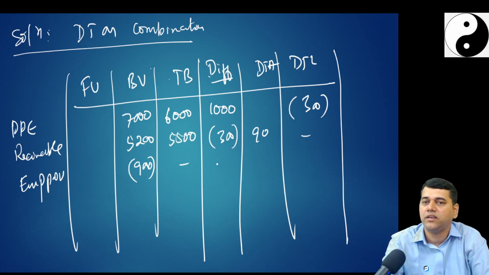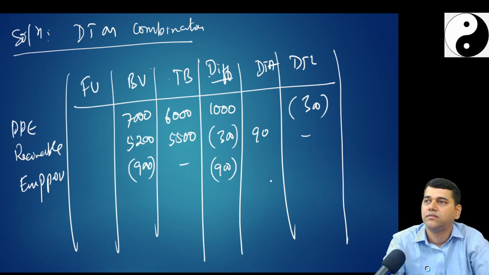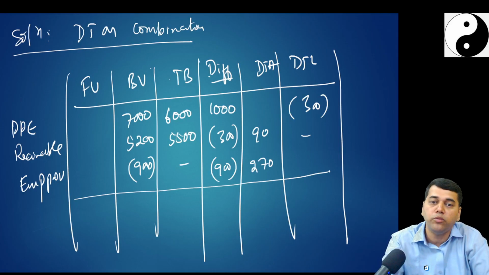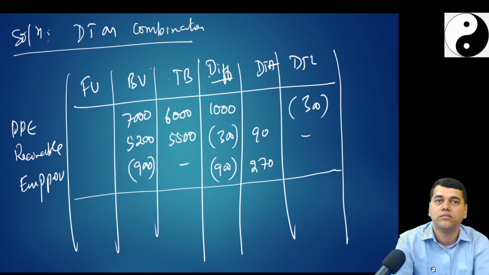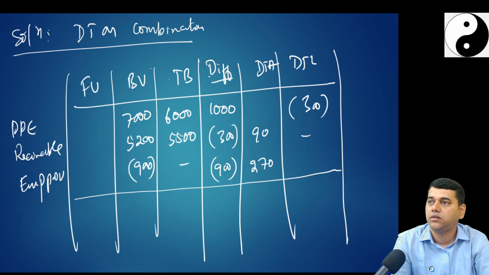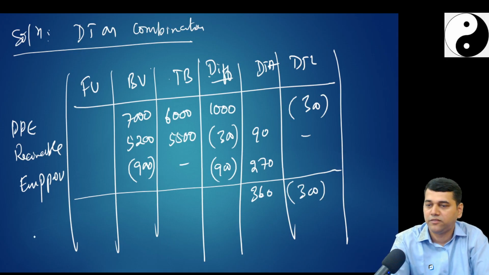Tax base is not there, difference 900. On this, 270 deferred tax asset is going to come. Since they told me don't offset, otherwise I would have given one column only. So 360 and 300 is my existing.